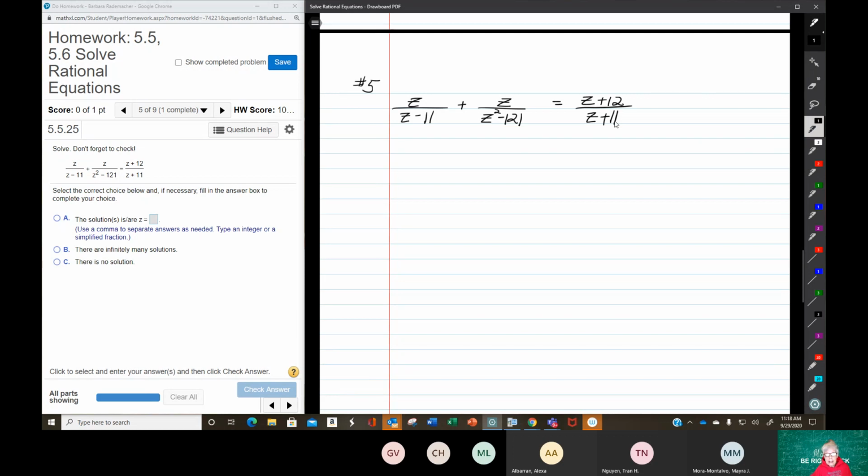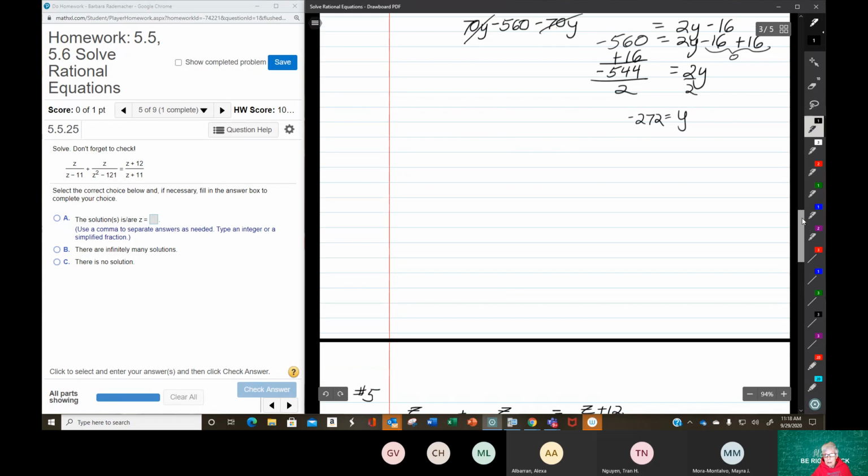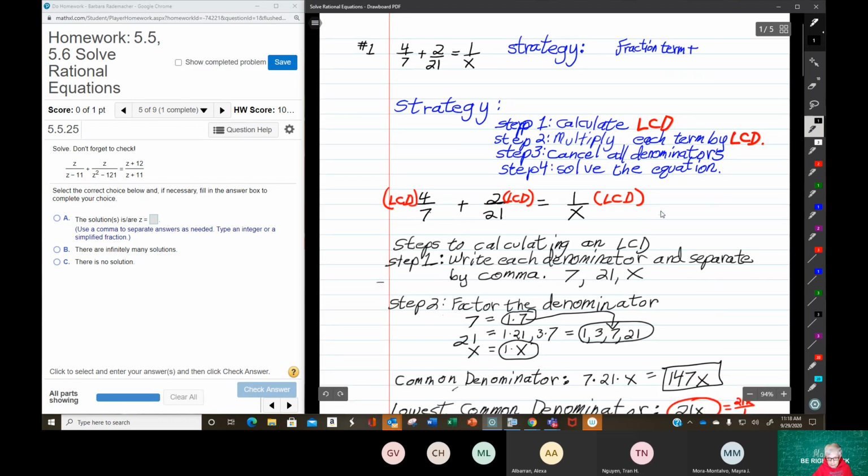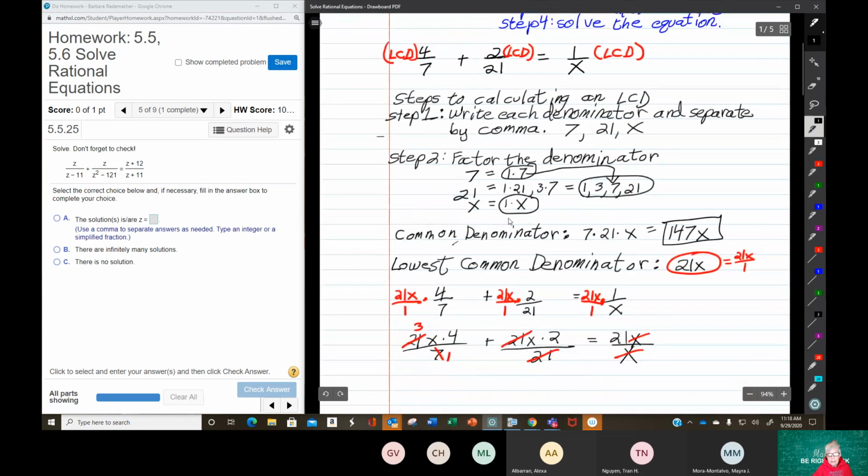So for our very next step, what we're going to do is go back to the first page for just a minute. And notice that what I did somewhere, yeah, this step right here.